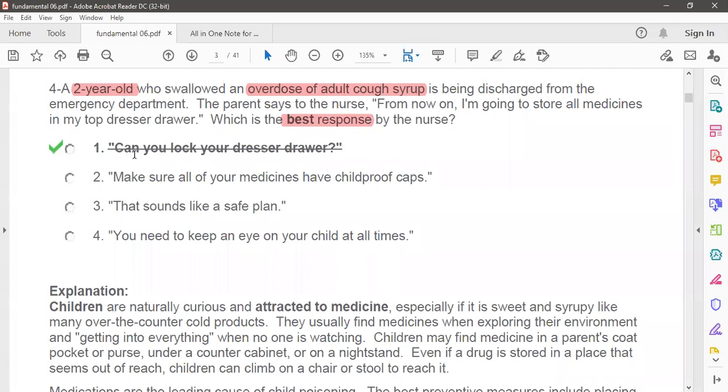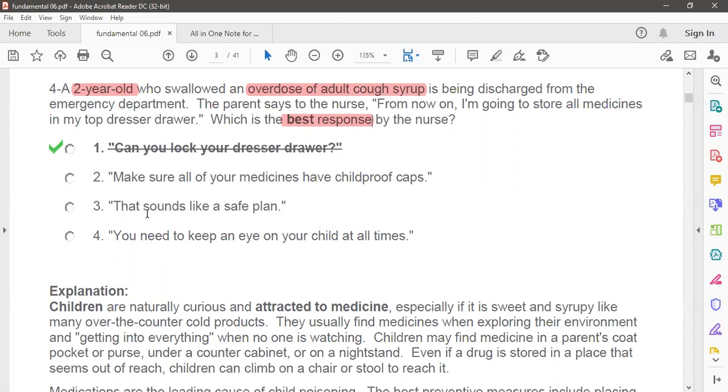right? Number 1, can you lock your dresser drawer? Number 2, make sure all of your medication has a child-proof cap. Number 3, that sounds like a safe plan. And number 4, you need to keep an eye on your child at all times. Number 4 is not possible, 24 hours, 7 days a week, to keep an eye on the child, right?